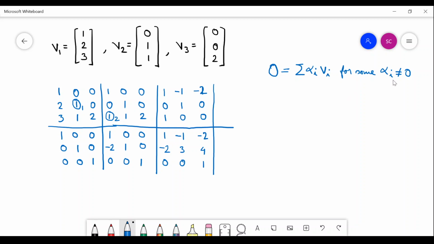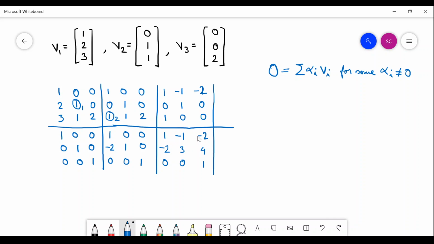Otherwise means that this particular condition is not revealed by this column operation. Then you can say that the v_i are independent. That would happen when you will not be able to generate a zero vector in the top set of vectors by doing a column operation, or even if you generate a zero, you will see that the lower vector is also zero.